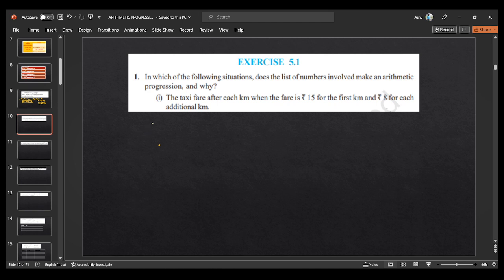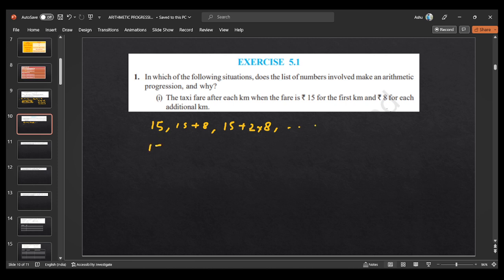That means A1 is given here. First is 15, then 15 plus 8, then 15 plus 2 times 8, and so on.